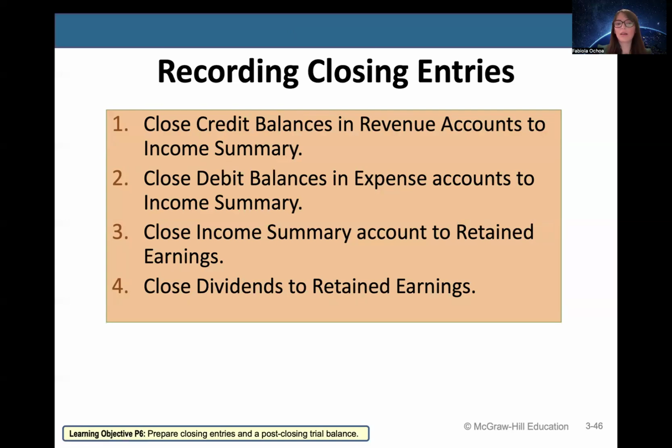Next, we will close our debit balances in our expense accounts to the income summary. Step 3 would be to close the income summary account to retained earnings. And step 4 would be to close dividends to retained earnings.